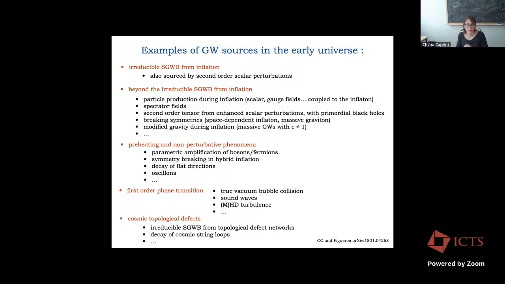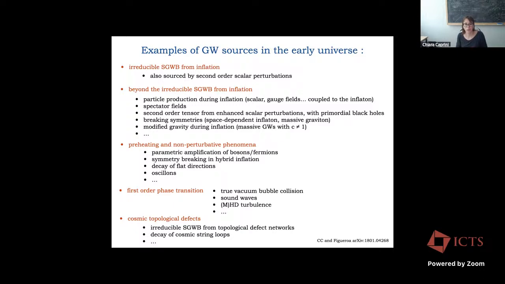And then, far into the thermal phase, one can have first order phase transitions. If a phase transition driven, for example, by the temperature decrease is a crossover or second order, then it occurs basically without breaking thermal equilibrium, and one doesn't have production of gravitational waves.